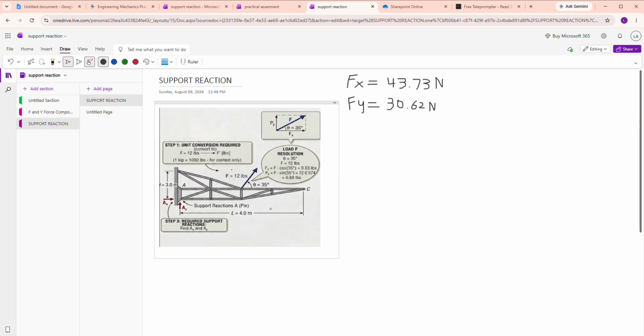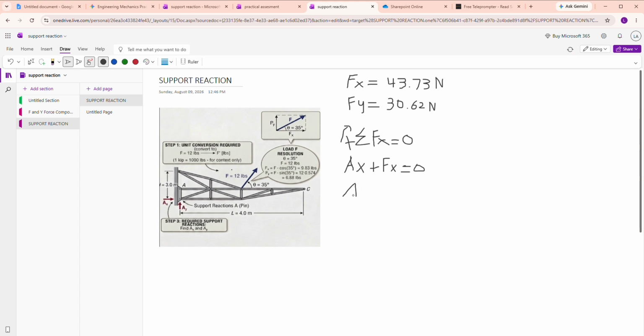Summing forces along the x-axis, the summation of Fx equals 0, and assuming rightward as positive, Ax plus Fx equals 0.